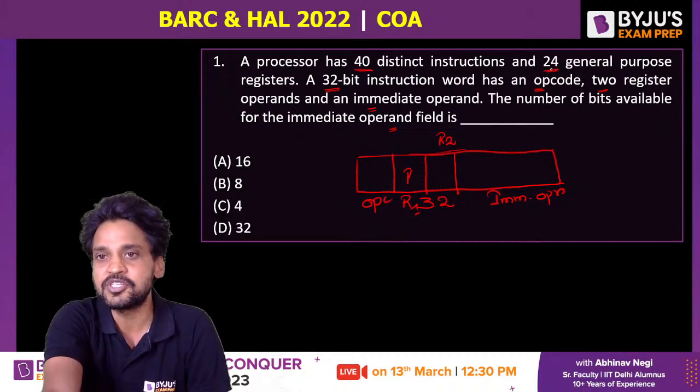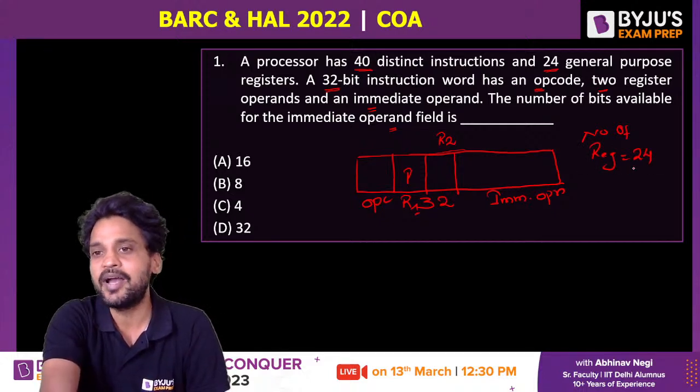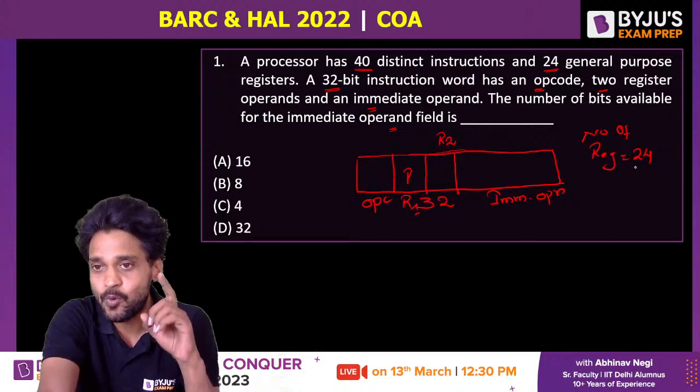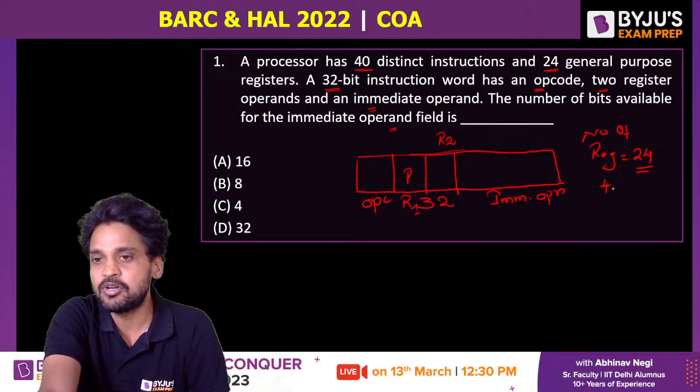Here, the total number of registers is 24, which means that we require 5 bits to represent one register. If we represent the register with 4 bits, we will be able to represent a maximum of 2 power 4, that is 16 registers.